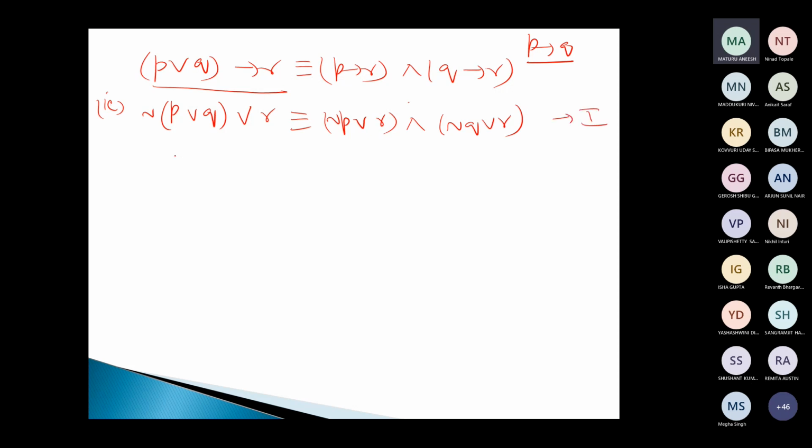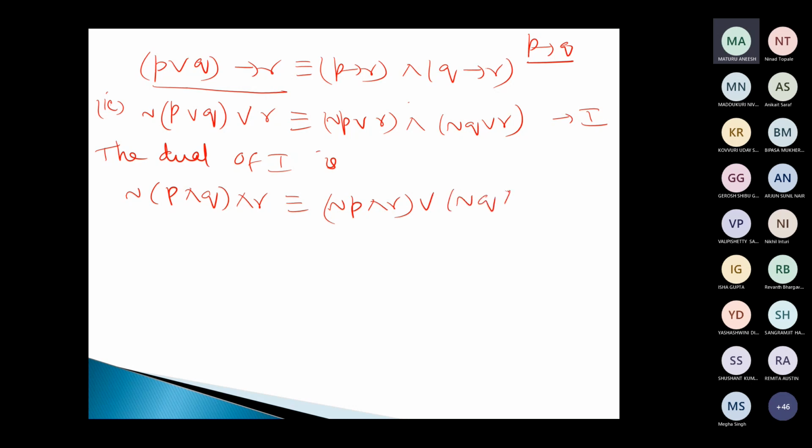Let this be 1. The dual of 1 is not of P and Q and R is equivalent to not P and R, and here and will become R, not Q and R. Okay, let it be true.